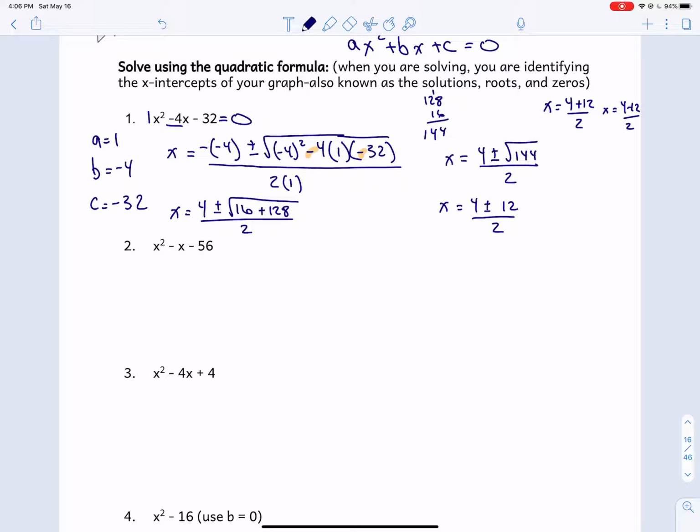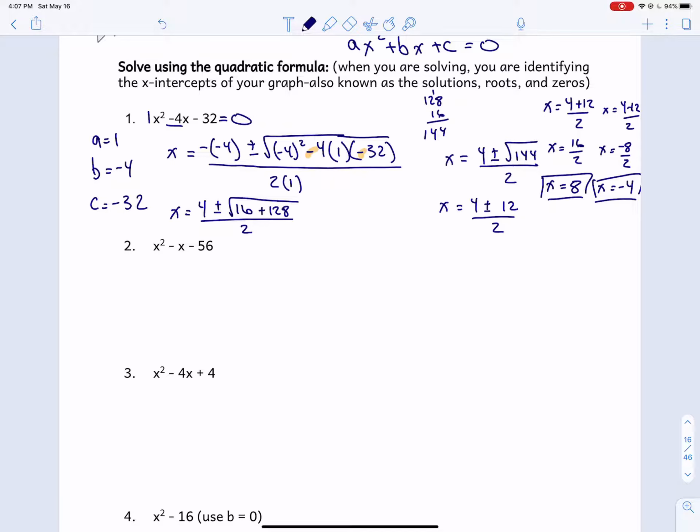Okay, so the first one. 4 plus 12 is 16 over 2, so that gives us 8 when we simplify that, so x equals 8. Okay, the second one, 4 minus 12, so that's -8 over 2, which is, if we simplify that, -8 divided by 2 is -4.